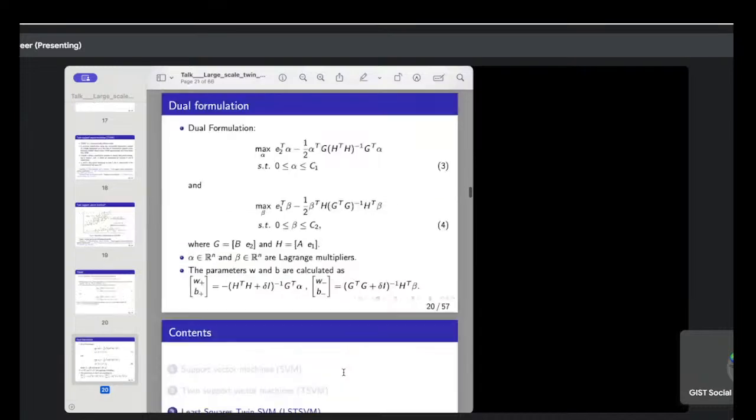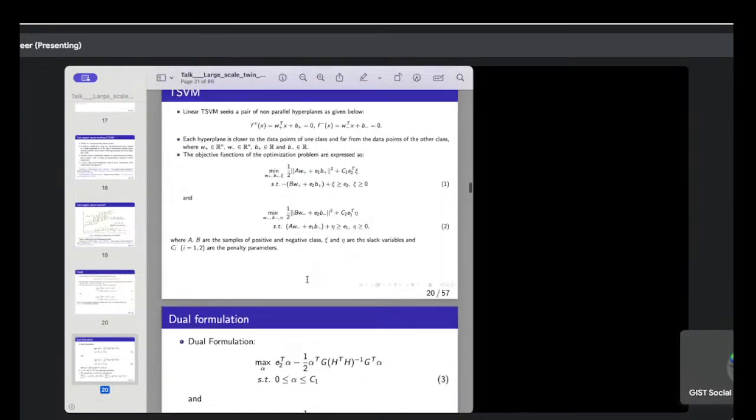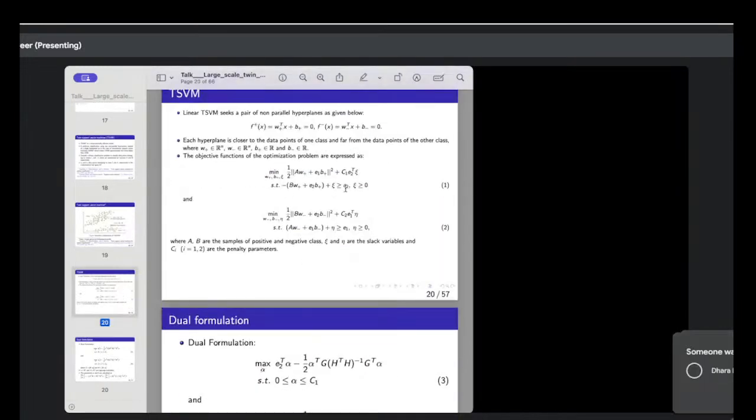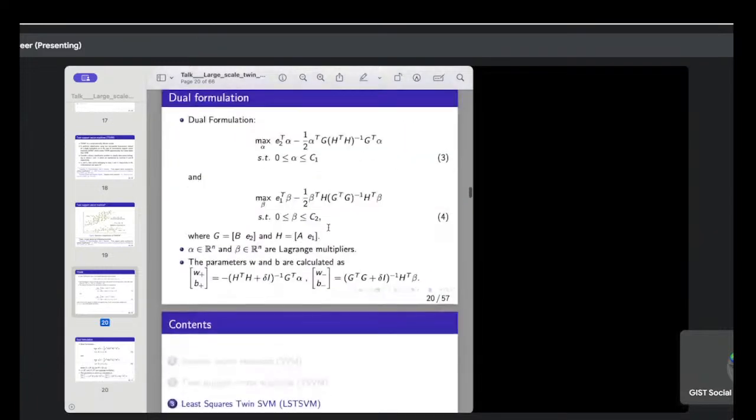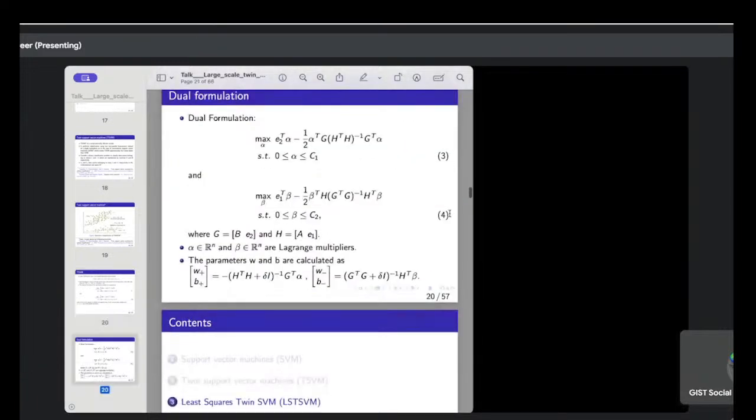When we solve this problem, the idea is the same: we first construct the Lagrangian function L, take the partial derivatives, and then solve it, and we get 3 and 4. And then we can calculate the parameters W and B in this manner. But what we observe is that in equations 3 and 4, there are invertibility issues.